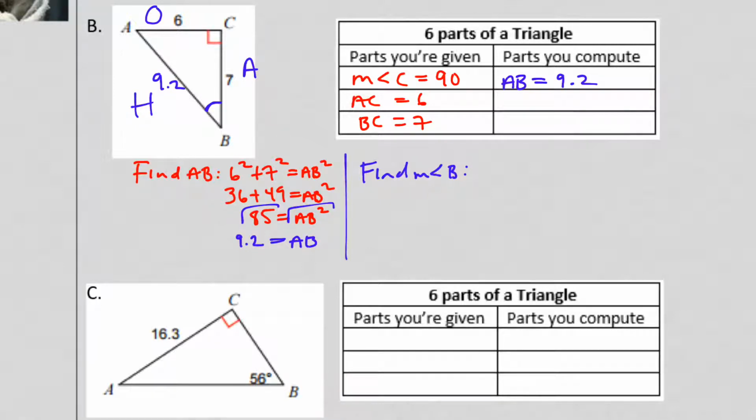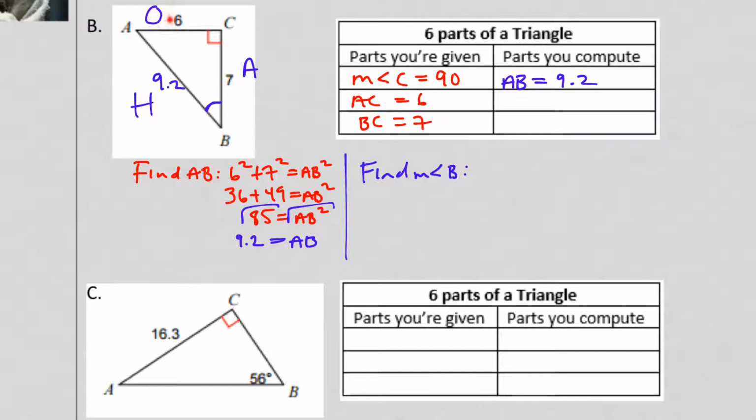In this case, notice how all three sides have a length. So in terms of SOHCAHTOA, I can choose whatever I want because they all have lengths. So for me, just out of simplicity, I'm going to choose 6 and 7 because they're integers, so I figured it'll be easier to work with those.